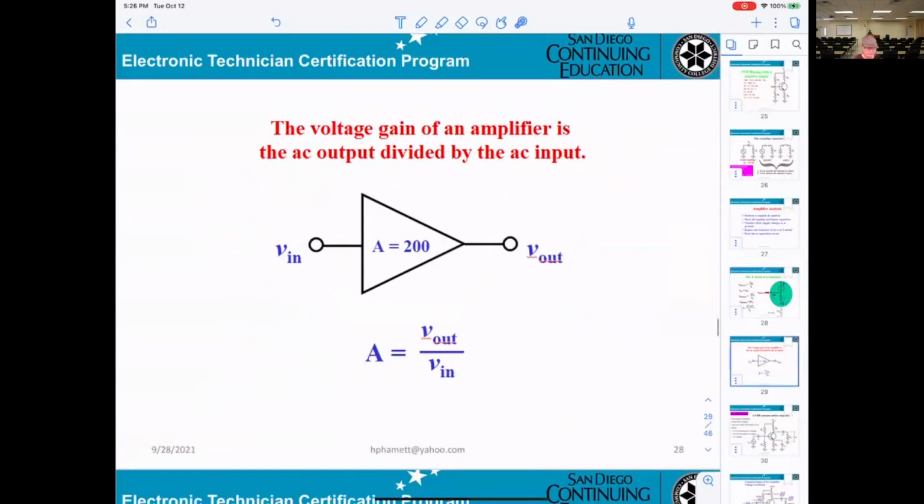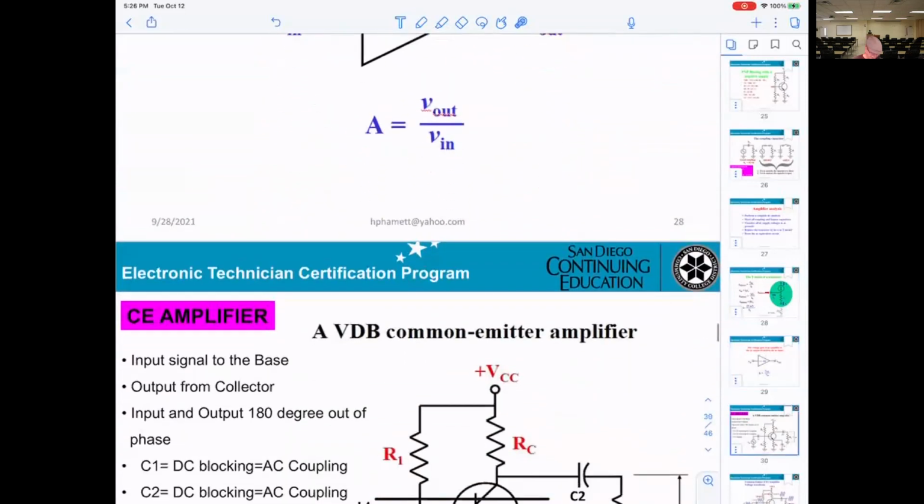This is basically for the amplifier. You get the gain, you get the input, you get the output. Gain equals output divided by the input. That will be the basic for the amplifier.